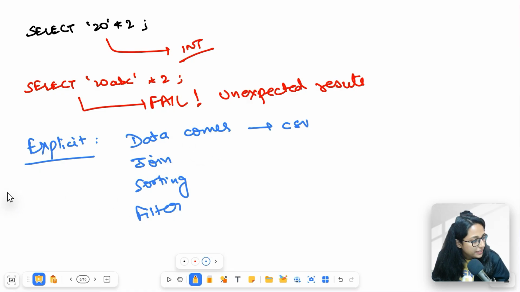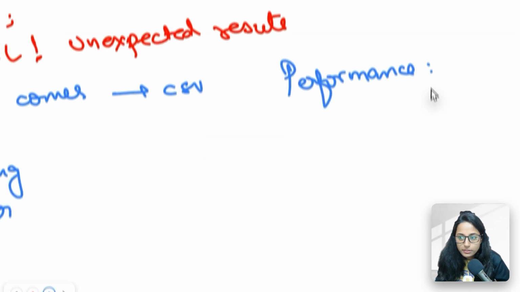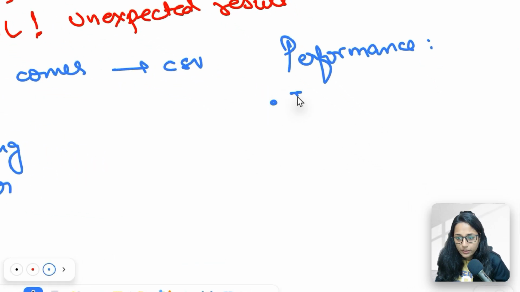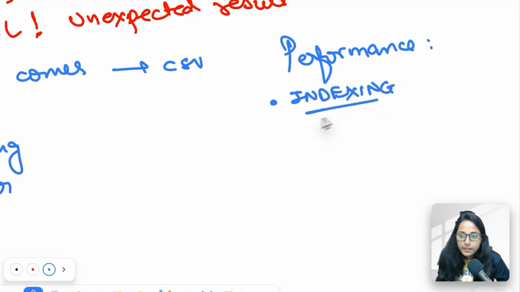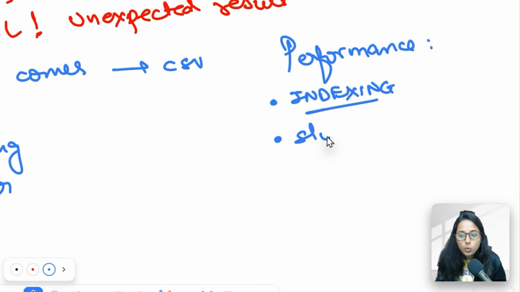Additionally, let's see the impact of implicit versus explicit conversions on performance. When I say performance, casting inside where can prevent index use. If you are aware of indexing, then that is what this means. And if implicit conversion is happening repeatedly, it will be slow in performance.